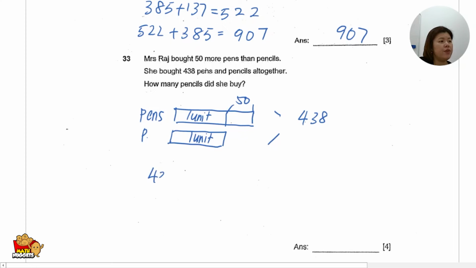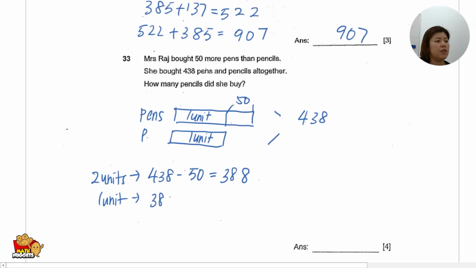We can take 438 minus 50. And this is actually 2 units. So 1 unit is 388 divided by 2, 194. Pencil, 1 unit, 194.